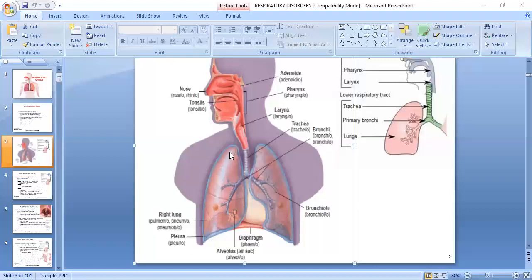So the lungs are covered by a layer. This is the cover and this is the lungs. Between the cover and lungs there is some space. It's called the pleural space. Sometimes fluid accumulates inside this space. It's called pleural effusion. And the bronchi again divide into small branches.